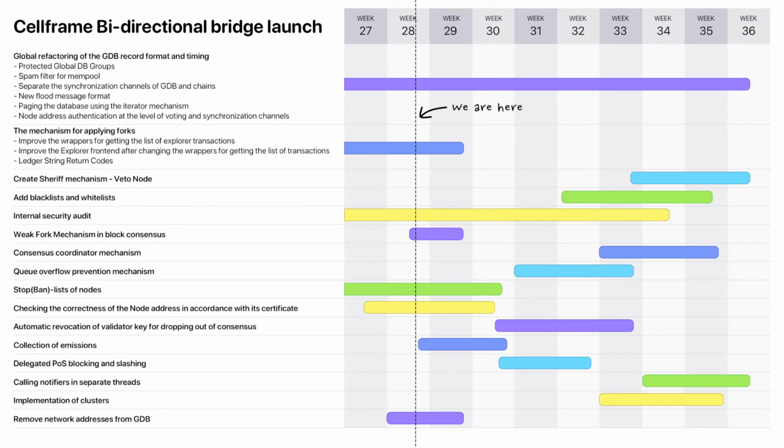Look, these are not the final dates you see right now. It's just an approximation, and I believe it will be shifted to the right, as happened with our development plan for the mainnet launch. The same will be with the bidirectional bridge, but it will not be an endless process, let's say so.